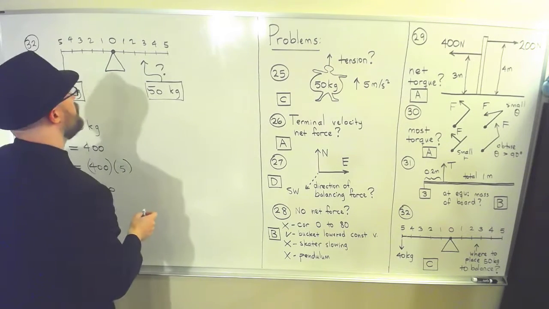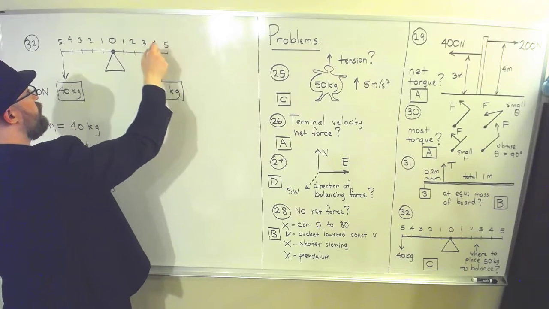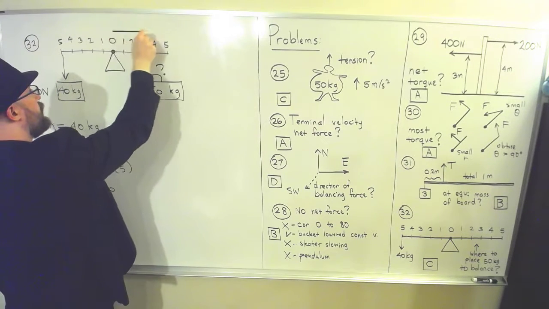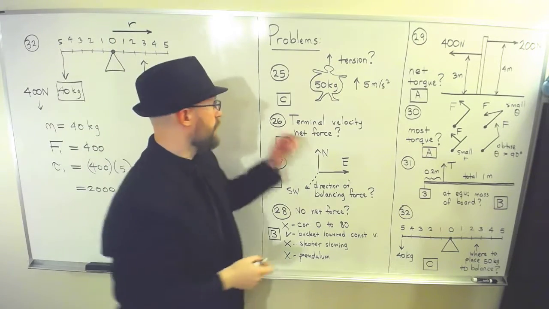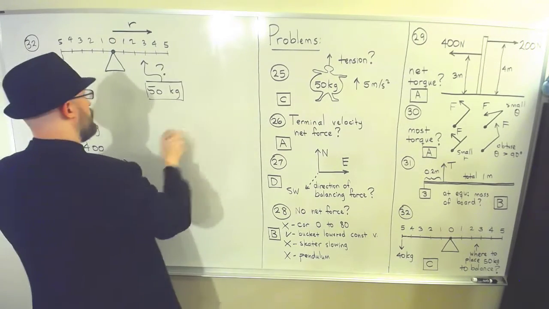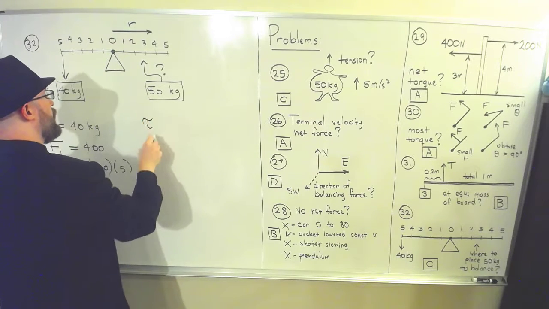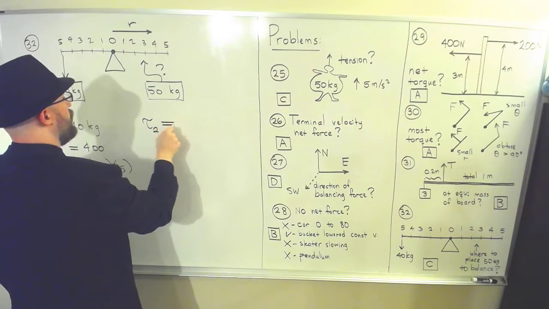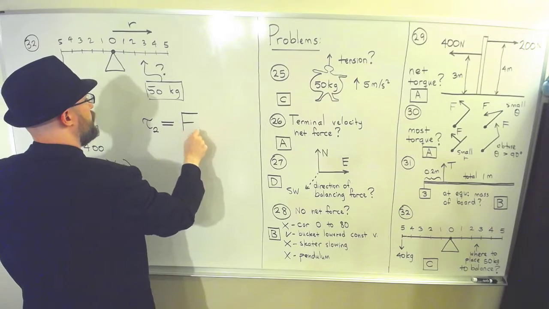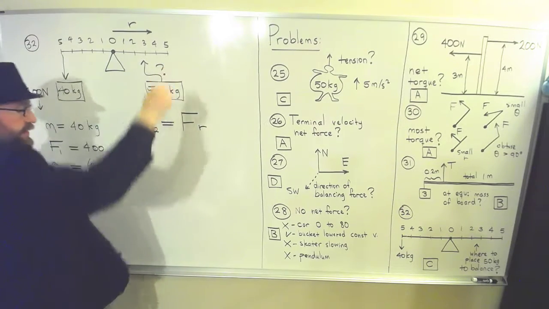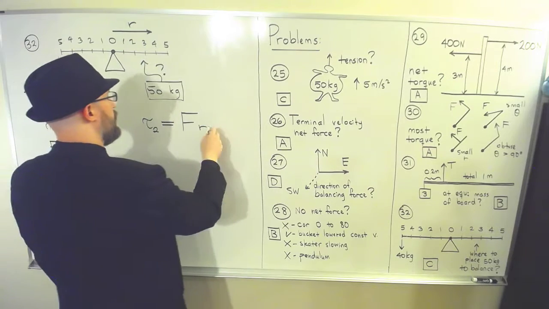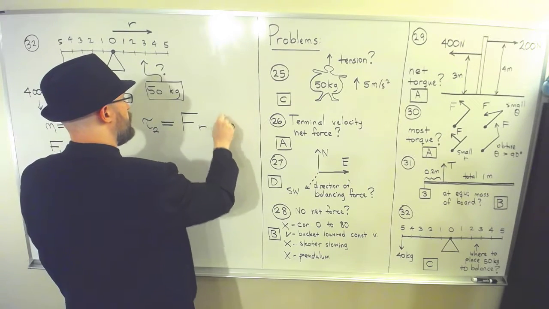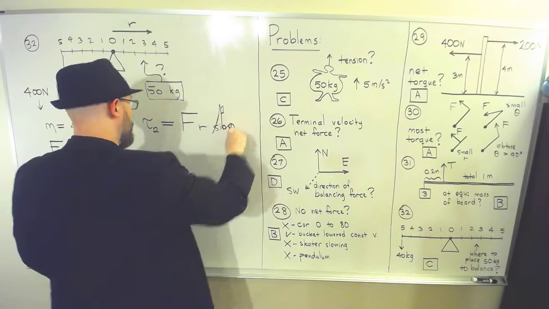Now over here, what I'm wanting to solve for is the length. So I can call this R, from my general torque equation. I'm going to have torque 2 is equal to F times R. Since the student's sitting on it, the force is going straight down, and so there is a sine theta here, but it's 1, and so we forget about that.